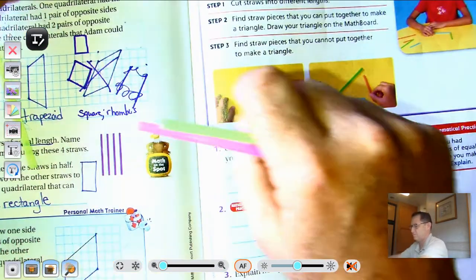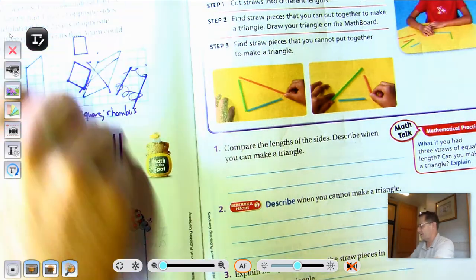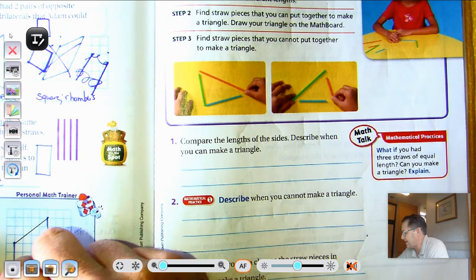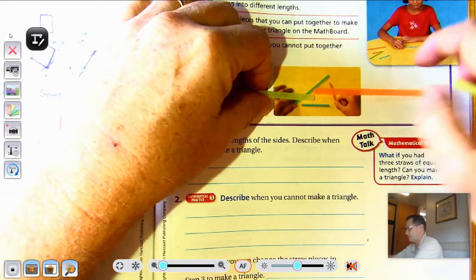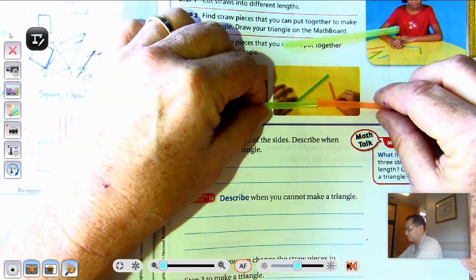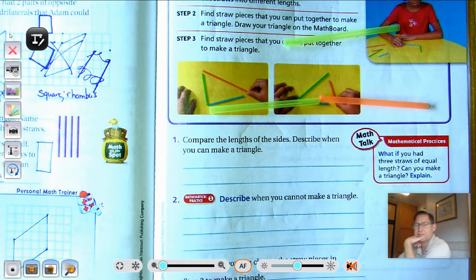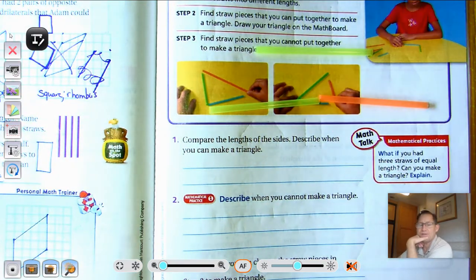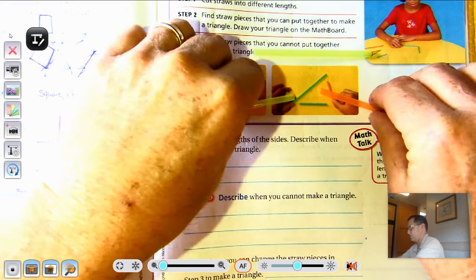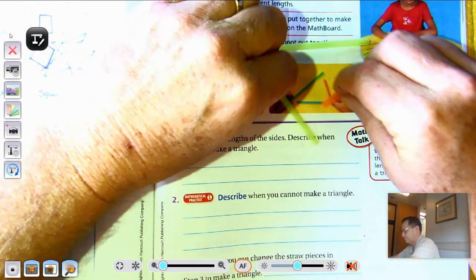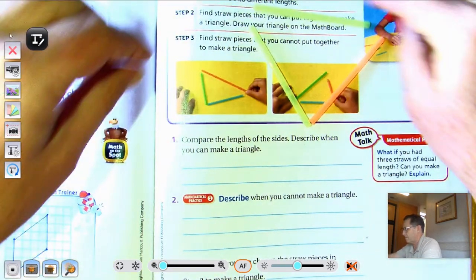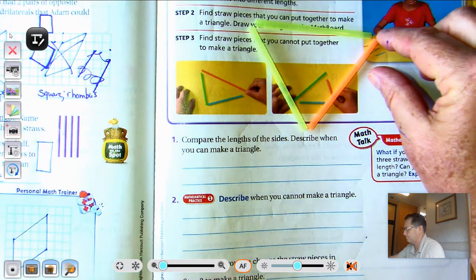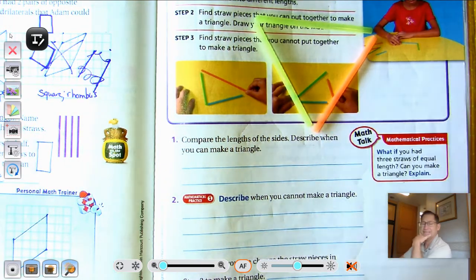Well, let's look at one triangle at a time. Because it says compare the lengths of the sides, describe when you can make a triangle. So when we put two of the sides together, two of the cut straws together, and it was longer than the third piece, did it make a triangle? It did, right?